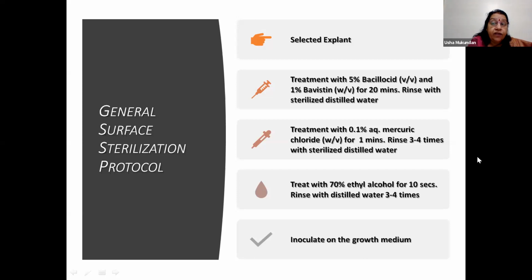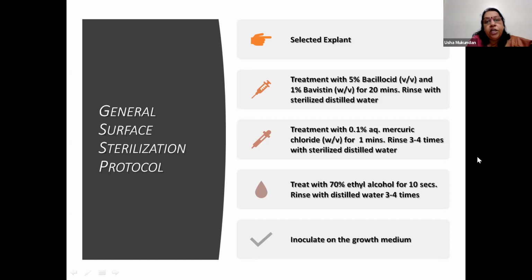Now, the one which is very effective on endospores also is 2% glutaraldehyde. However, in plant tissue culture, we are using a surfactant like Tween. Then we are using some bactericides and fungicides initially to get rid of the surface contaminants.